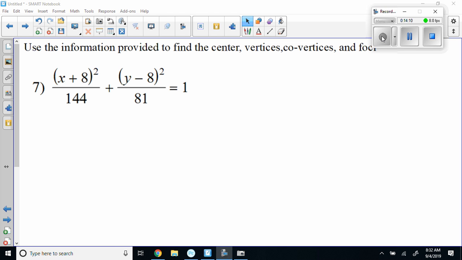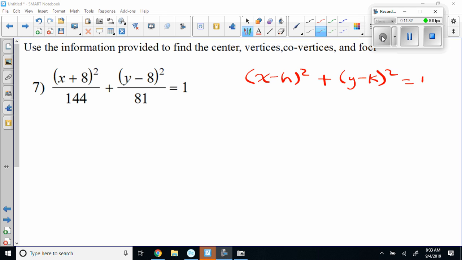So if I was creating a formula sheet, then I would make sure that I had that bit of information on there. Because if you look back at your quizzes, what was the one thing that you messed up on? Orientation. Now, so it's x minus h squared plus y minus k squared equal to 1.